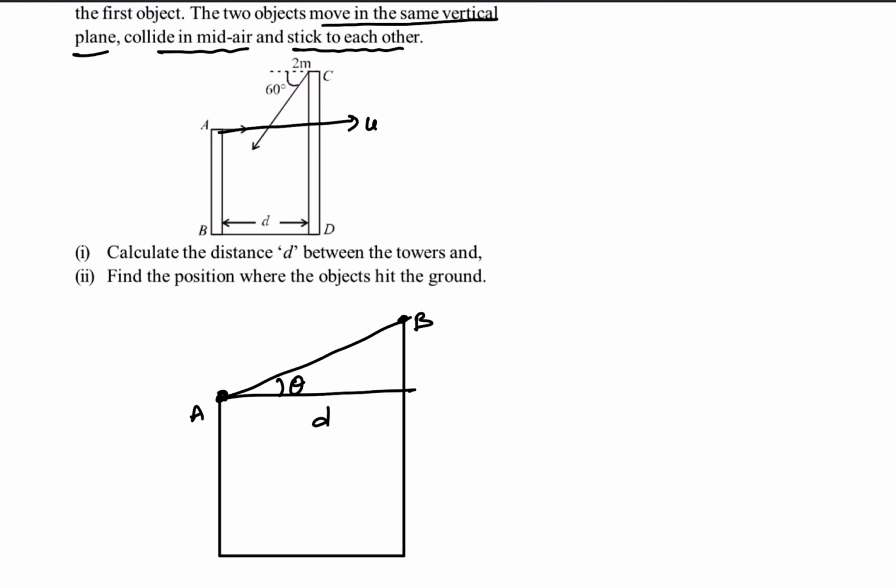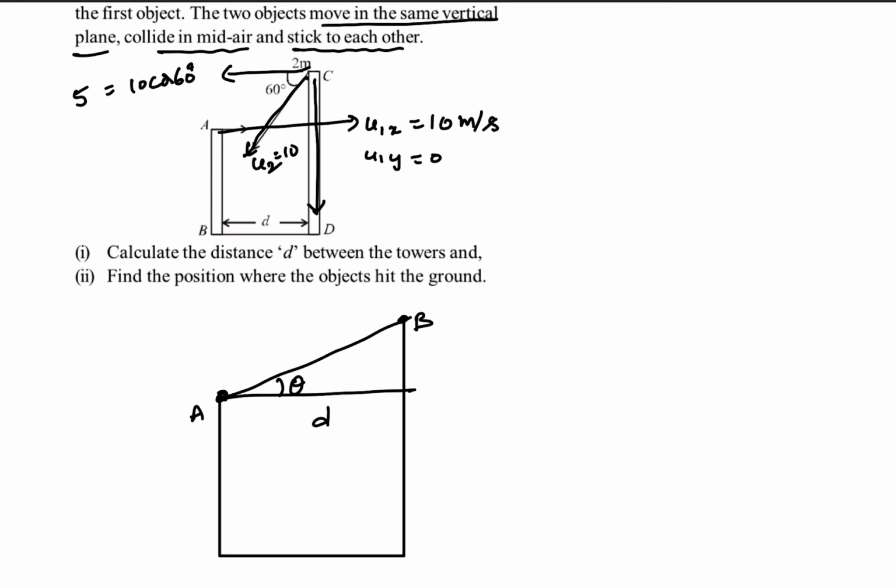If you observe the first case and second case, I am writing now: u1x is equal to 10 meters per second, and u1y is 0. Similarly, u2x is 10 cos 60 degrees, which is 5, and in the downward direction 10 sin 60 degrees.